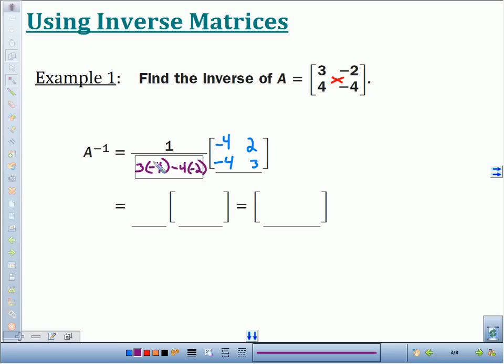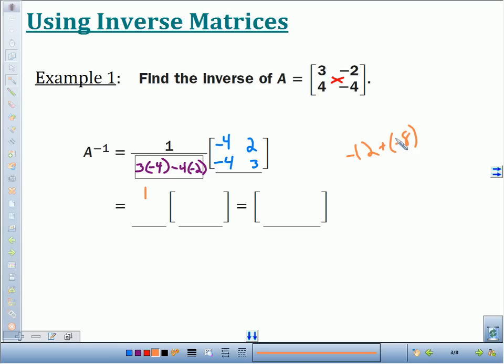Now I need to simplify this whole thing, and mostly I just need to simplify this fraction. I get 1 over 3 times -4. Now 3 times -4 is -12, and I'm just going to do that off to the side. -12 minus 4 times -2 is -8. So -12 minus -8.